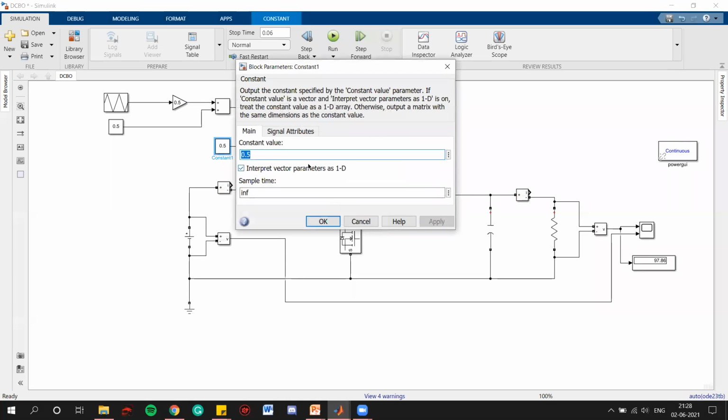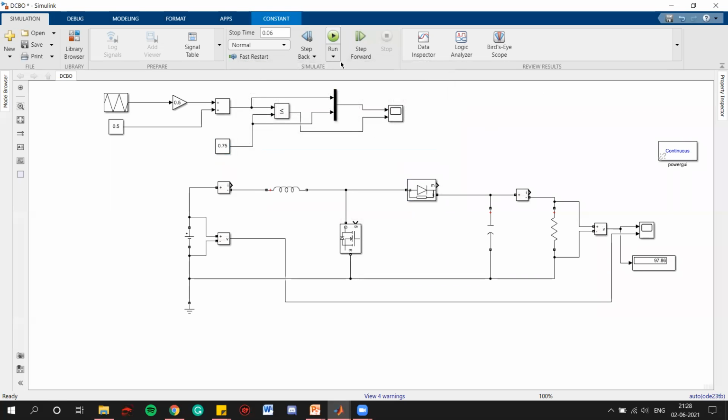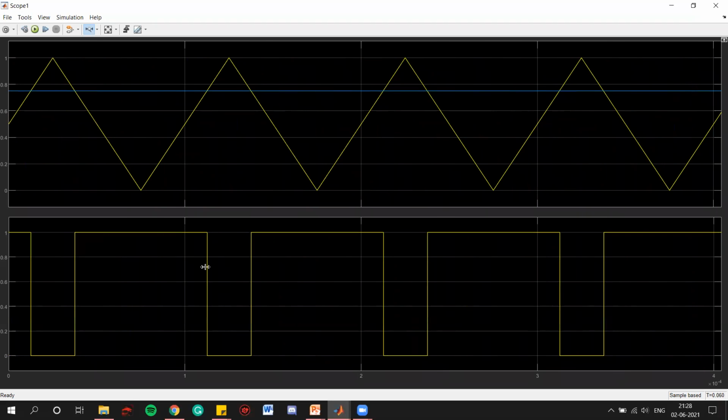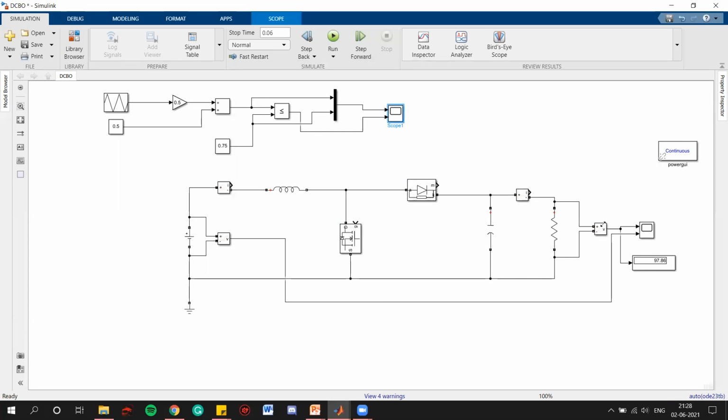So here we will put 0.75 for the comparison. Now we will see we have a greater part where we are having positive cycle, right? So our constant will go up. We will have a large positive and a small one as 0. So according to the width of these pulses, we can control the output of our DC to DC boost converter, right? So here we are getting correct gate pulses.